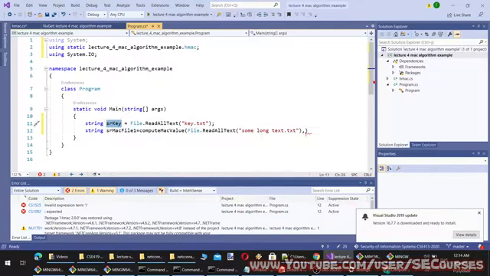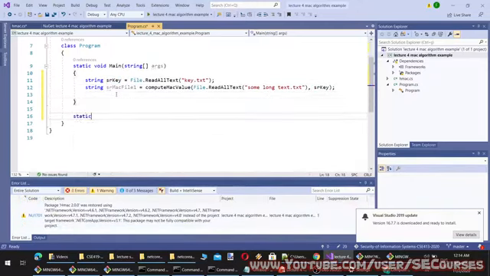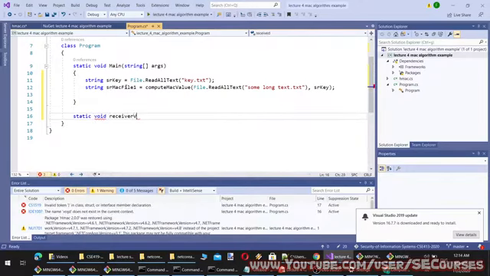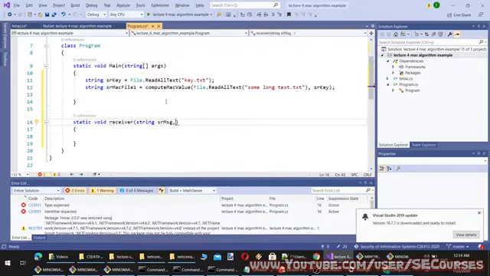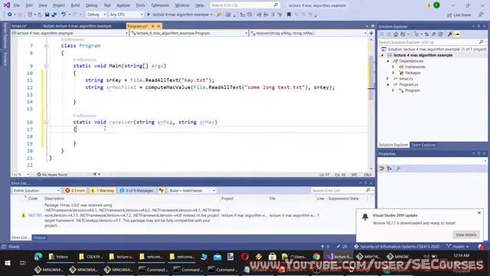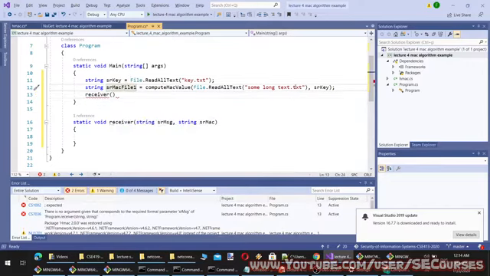Then I am going to assume that there is another method, a receiver method. Okay, so this receiver will get us a bool. Since I have computed the MAC, I can send my message to the receiver like this. How am I going to do that?